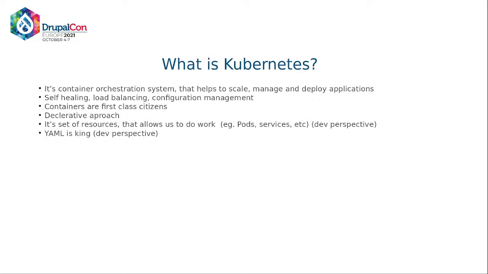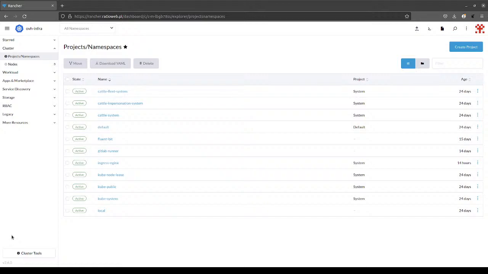So first, as I said at the start, I would like to have a Drupal 9 installation. First thing I would need to do, maybe I will show you my Rancher installation. Rancher, generally speaking, is a tool that allows us to manage Kubernetes clusters.